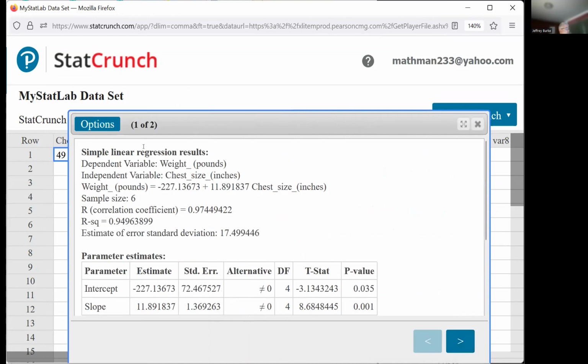And here's the equation. This is the Y. That's going to be 227.1 and then 11.9. So let's go back to here.